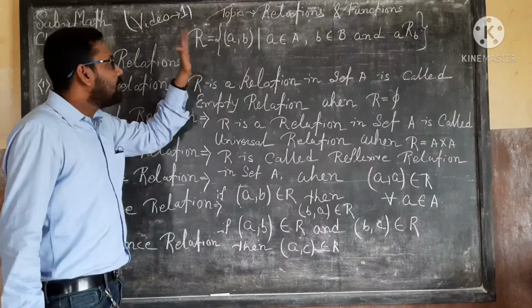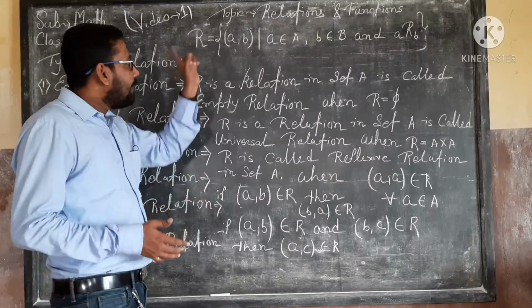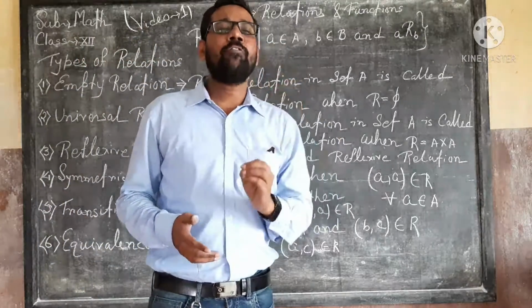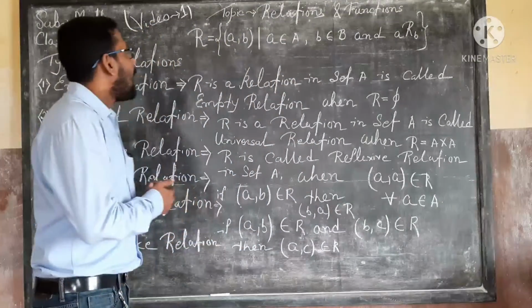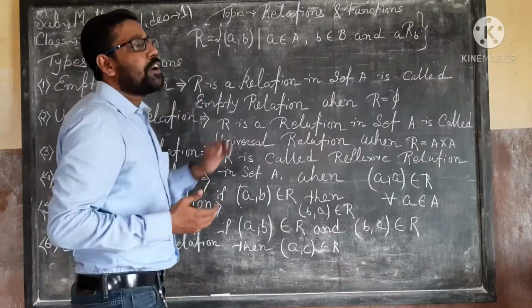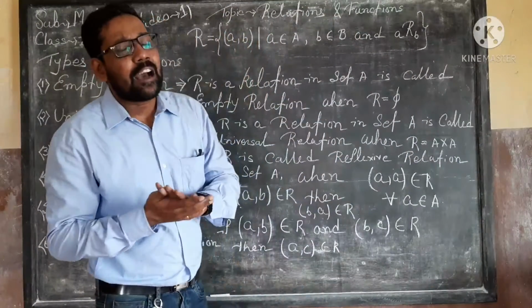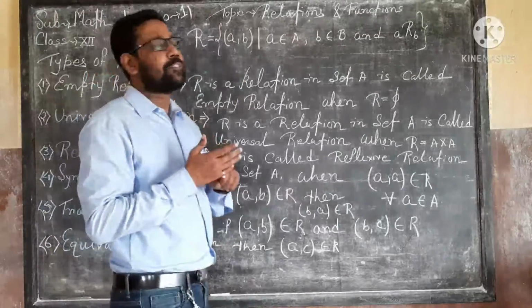So R is considered a relation, and this R contains each and every element in the form of an ordered pair, and this R is from A to B. That means A is our first set and B is our second set.